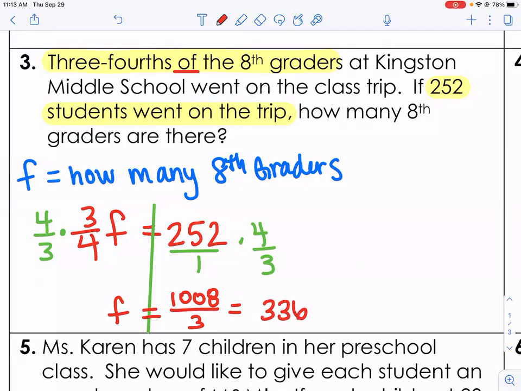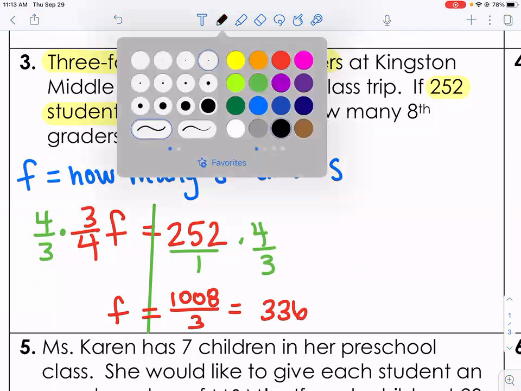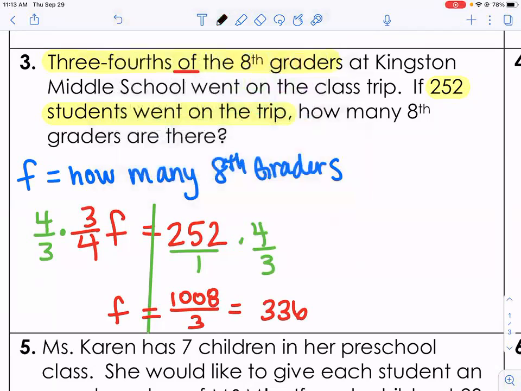Okay. So am I just gonna like circle the 336? All good? No. What does that represent? It represents 336 8th graders. That's a lot of 8th graders.